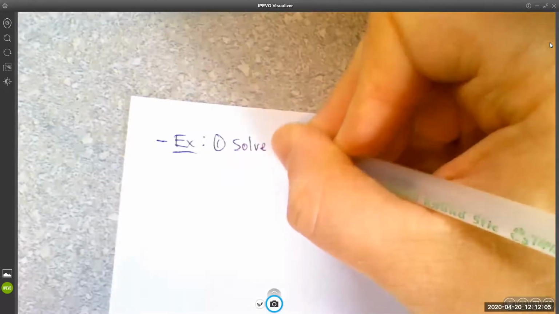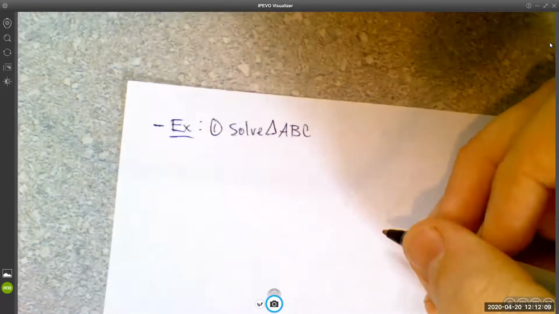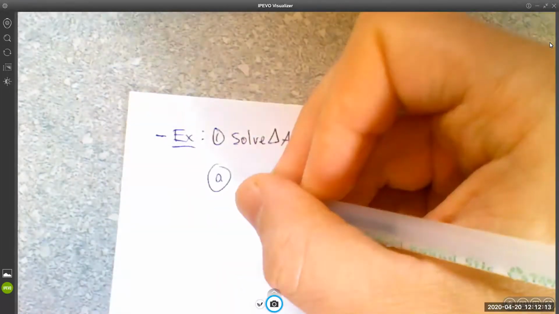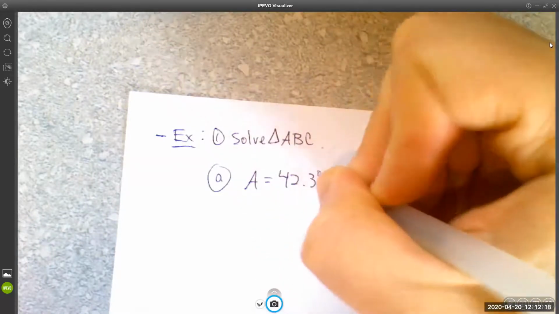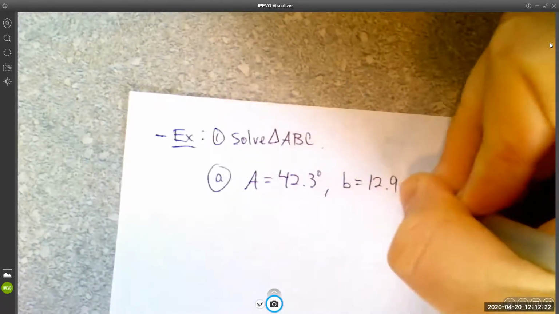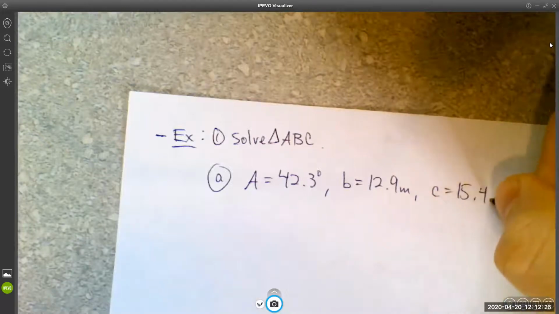So let's solve triangle ABC if we're given this information. So let's solve ABC if A is 42.3 degrees, little b is 12.9 meters, and little c is 15.4 meters. Okay.